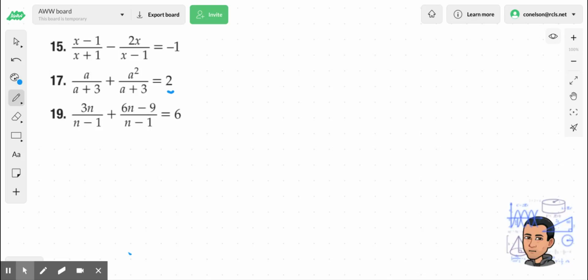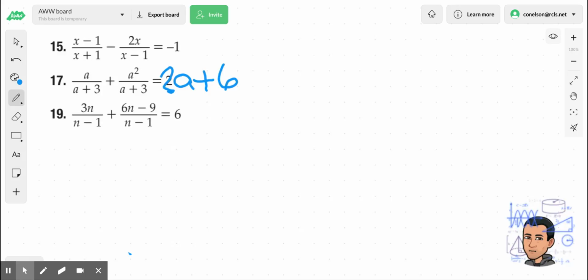So I should be able to just do, let's see, 2 times a plus 3, that'd be 2a plus 6. That's 2a plus 6, because I multiplied the top and the bottom times a plus 3.